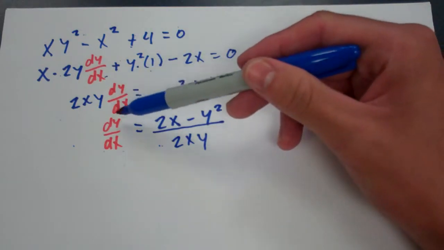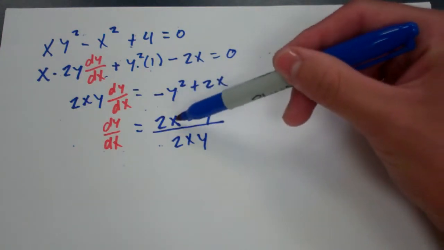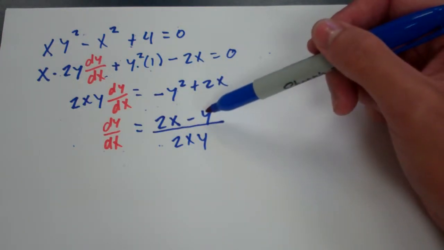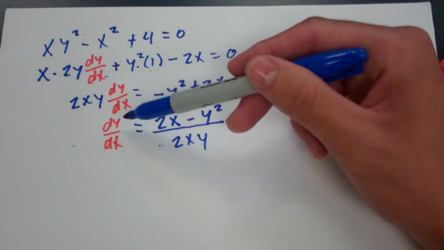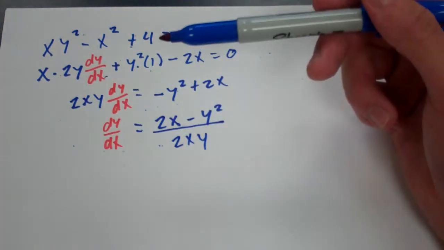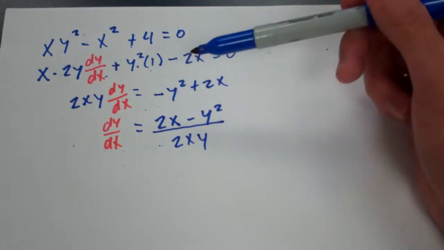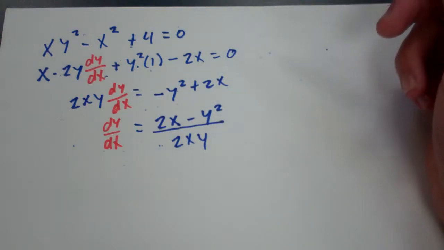I brought everything else to the other side of the equation to figure out what dy dx is. So if I have an x value and a y value, I can plug it in here, and then I can figure out the derivative with respect to x. Using implicit differentiation, I can figure out what the rate of change is, basically.